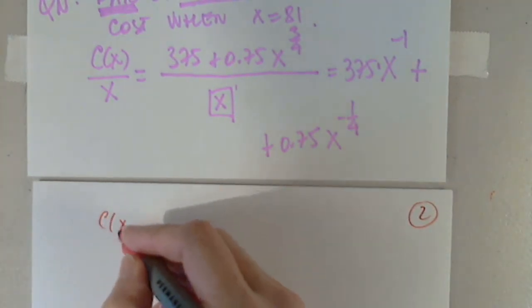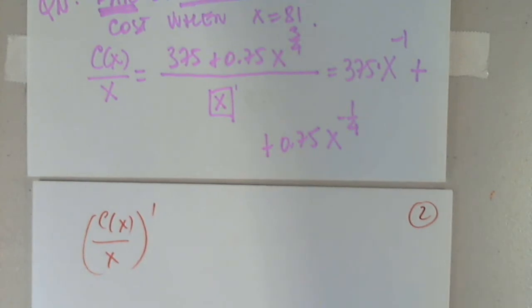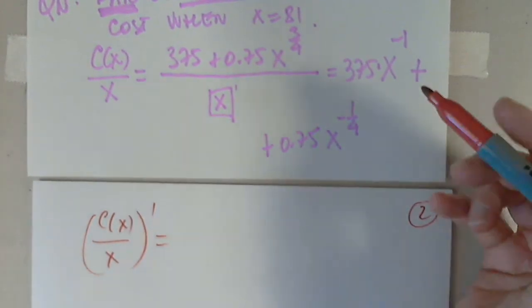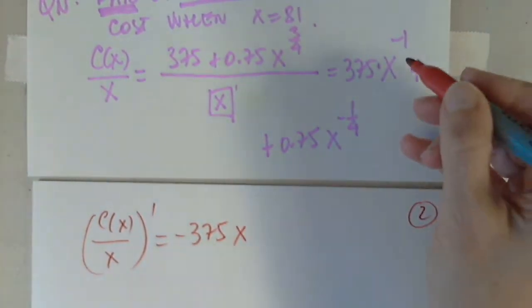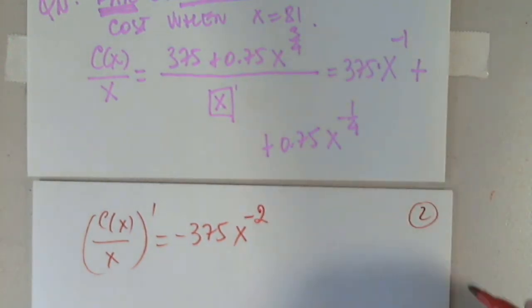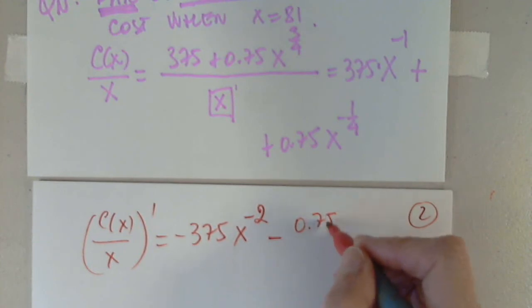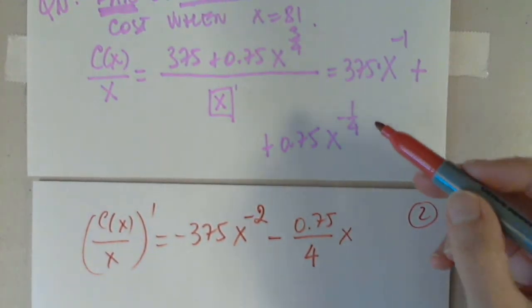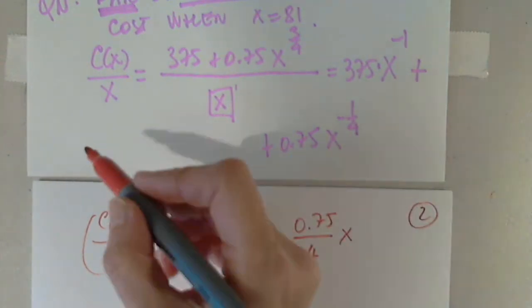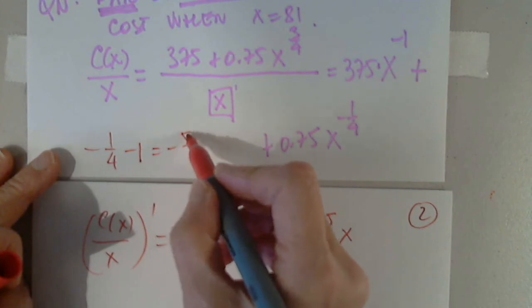So then the rate of change of the average cost is, I bring down negative 1, so negative 375, I subtract 1 from the power. I bring down negative 1 over 4, so I'll have negative 0.75 over 4, multiplied by x to negative 1 over 4 minus 1, which will be negative 5 over 4.